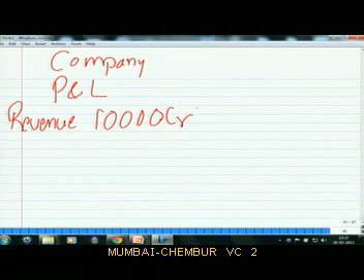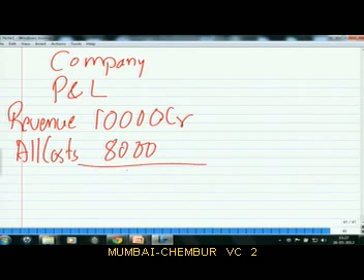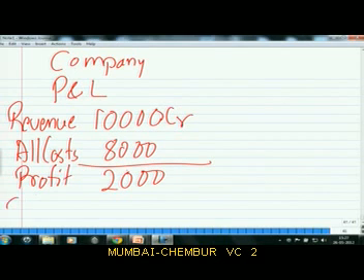After working in Reliance, I learned I should never talk below 100 crores. And all costs were 8,000 crores. Profit after dividend, for simplicity, let me make it profit after dividend, was 2,000 crores.